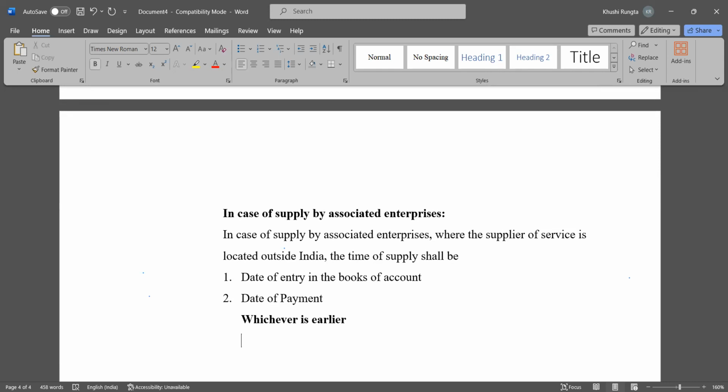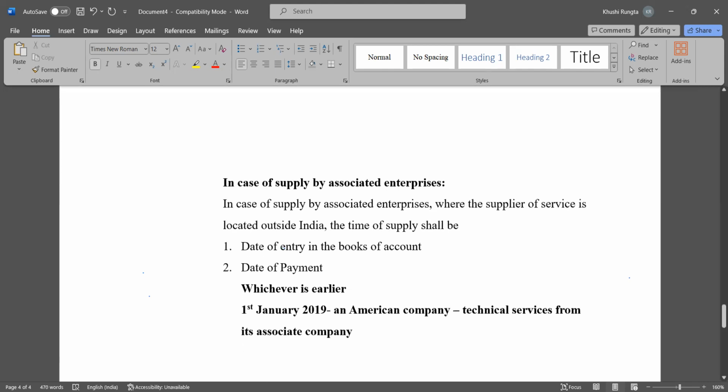The question is not mentioned here, so let me give you a simple example. On 1st January 2019, an American company informed its associate company that it is taking technical services from its associate company.